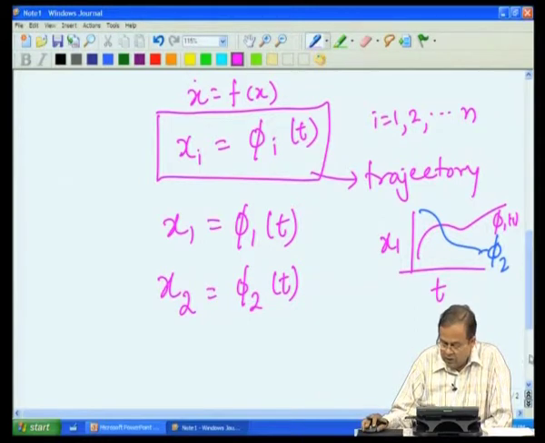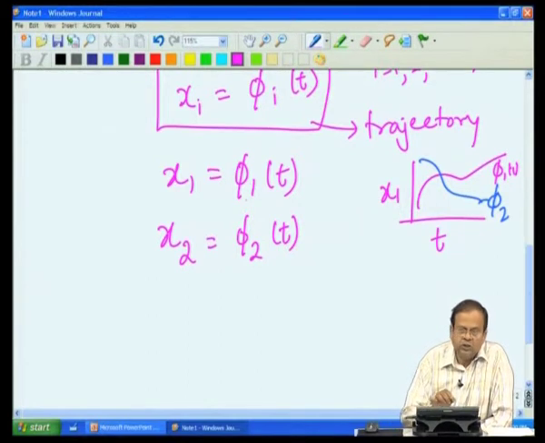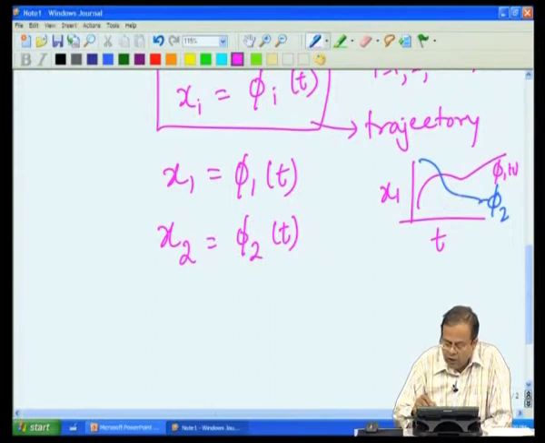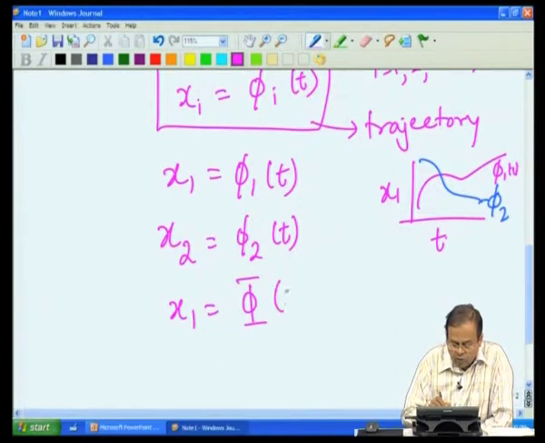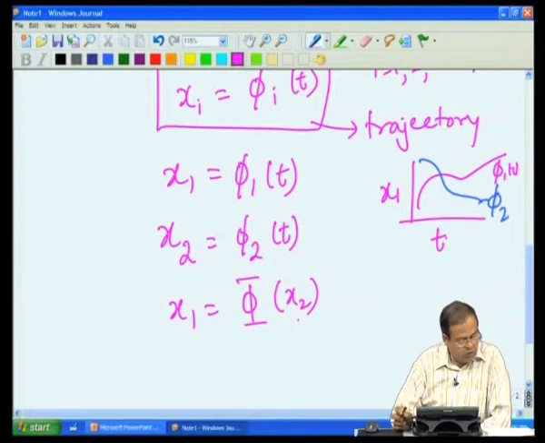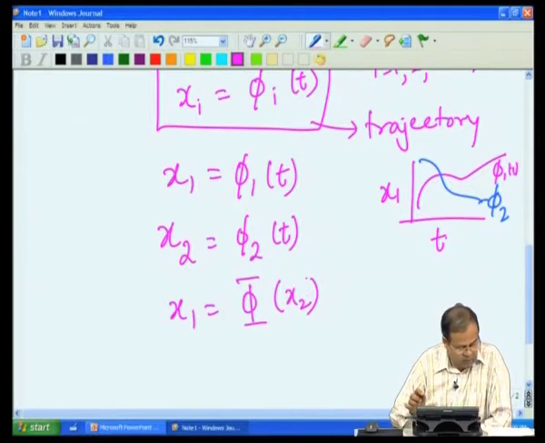We now say that given this solution, we may not know that solution, but let us assume for the sake of argument that we know it. Then I can invert these relationships. That is, I know x1 as a function of time, I know x2 as a function of time, so I can always generate x1 as some function of x2, and this is what is called the phase space, that is, representing one solution in terms of another variable.